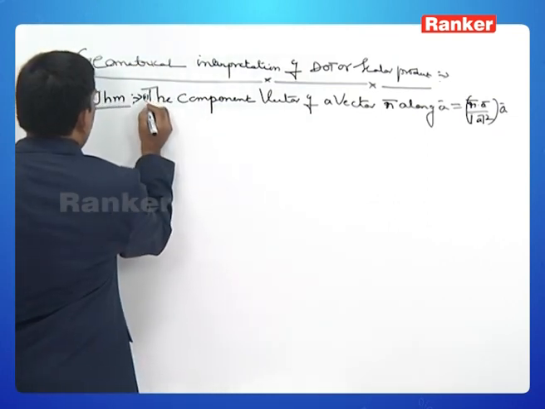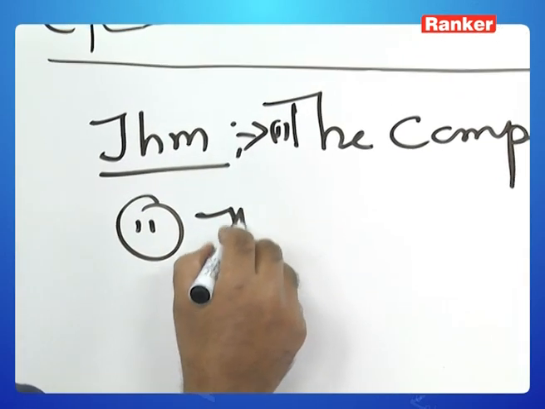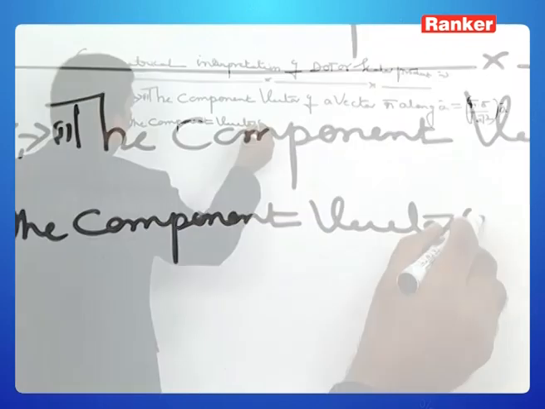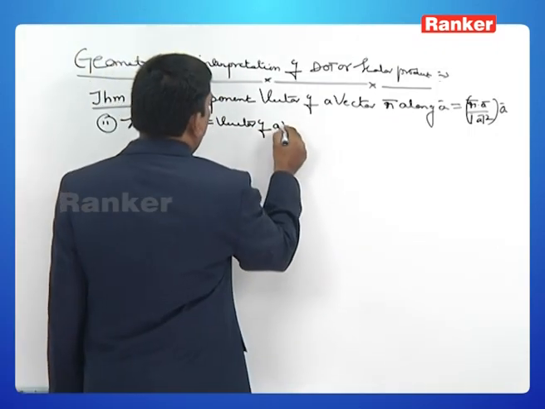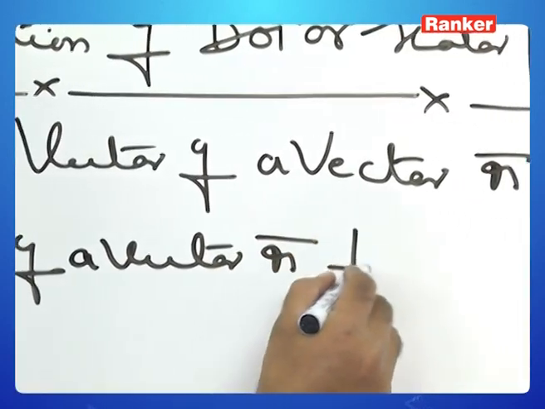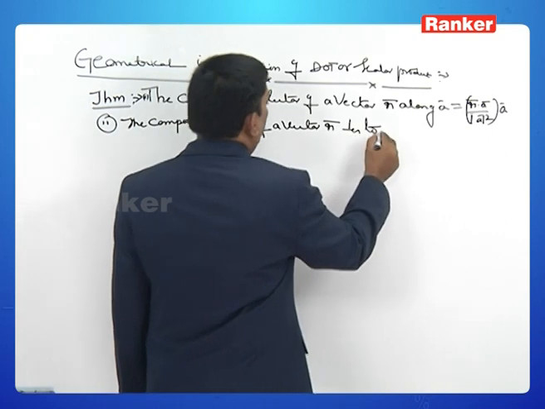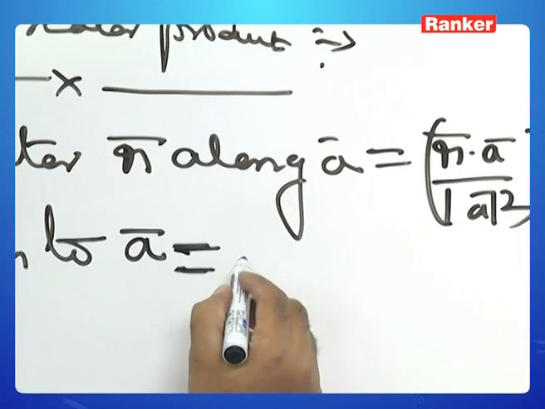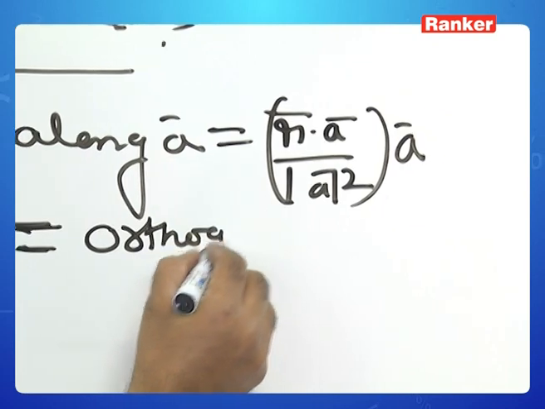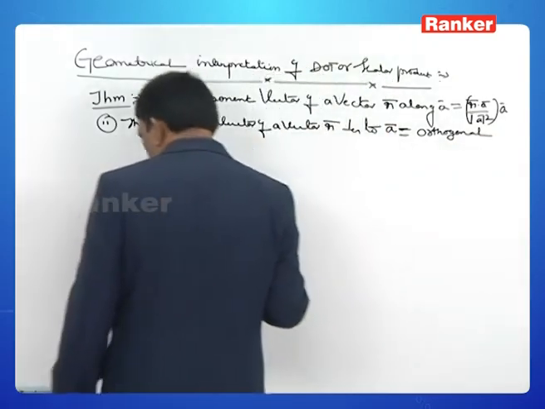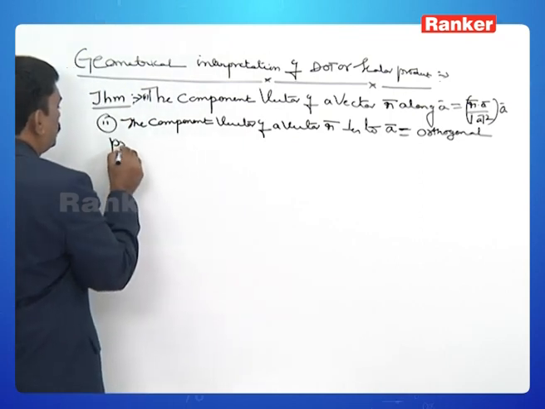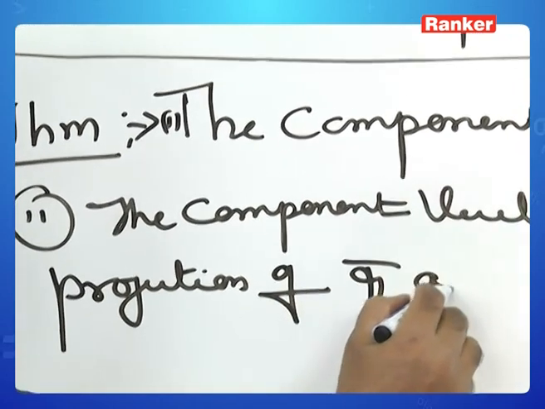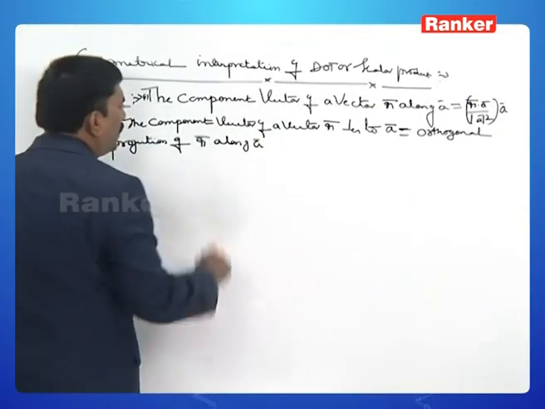This is the first one. The component vector of a vector R bar perpendicular to A bar is the same as the orthogonal projection of R bar along A bar.